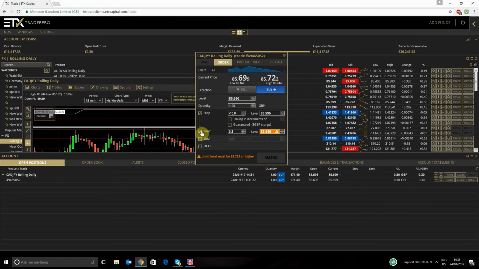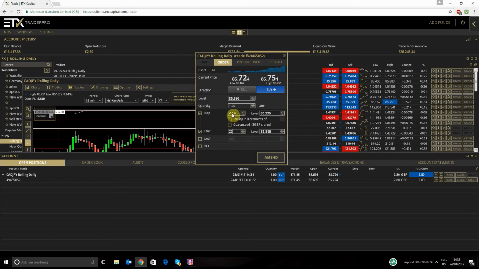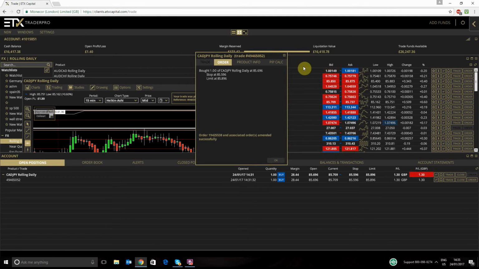So your reward is your limit right here. I'll say I'm targeting 20 points. So that's your risk to reward ratio. You're risking 10 points to make 20 points. That's a good risk reward ratio. And done.